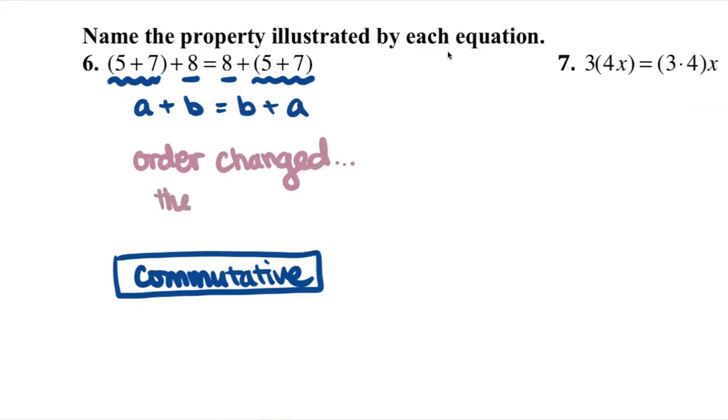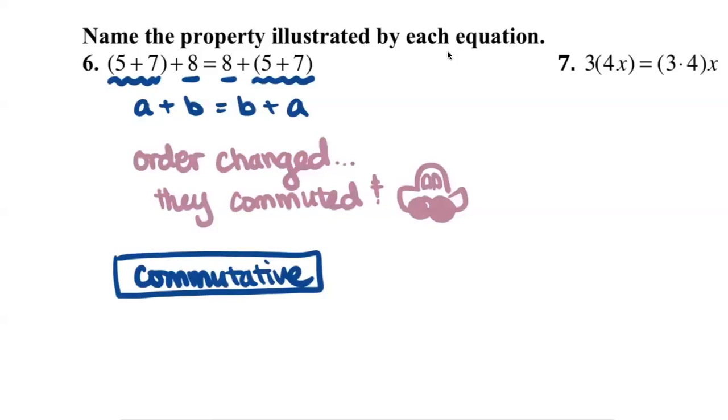They commuted. They moved around. Here's my little car drawing to help you remember that. So order changed, the terms moved. Maybe that's another way to think of it. So it's going to be commutative.